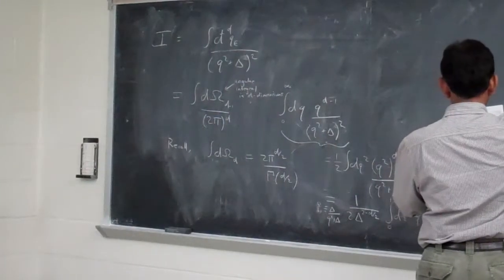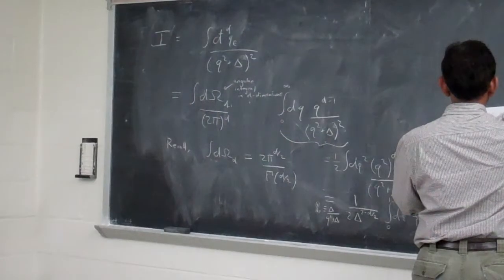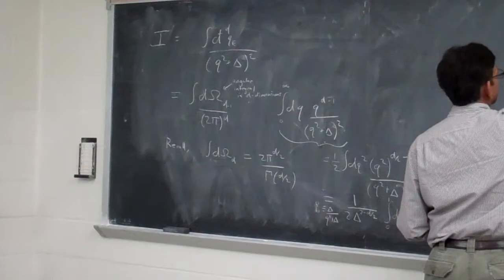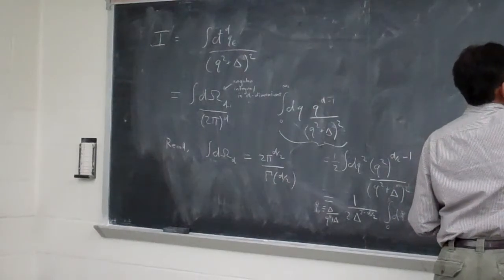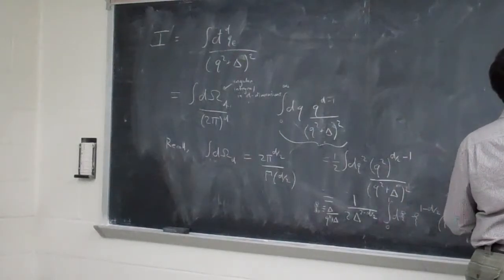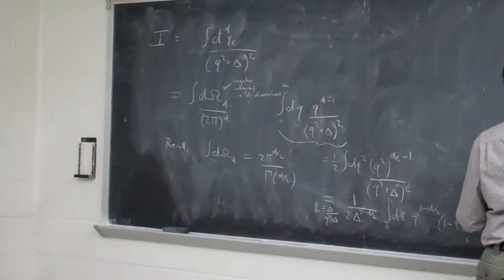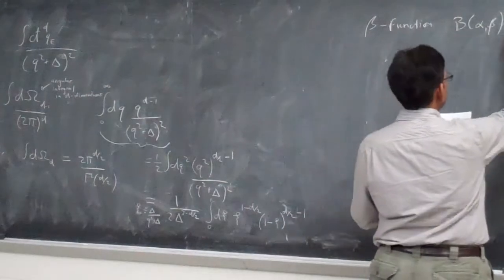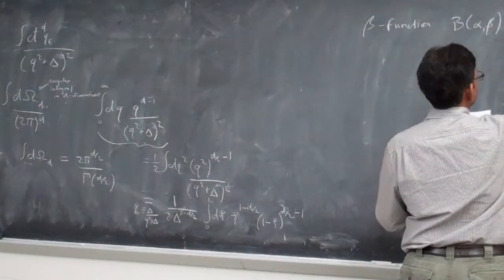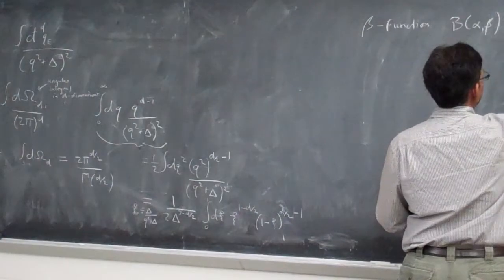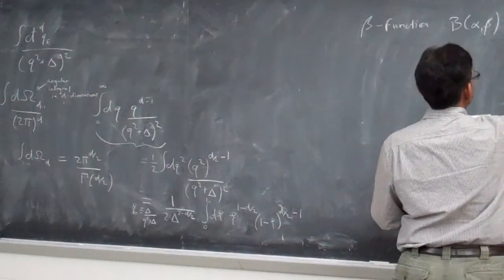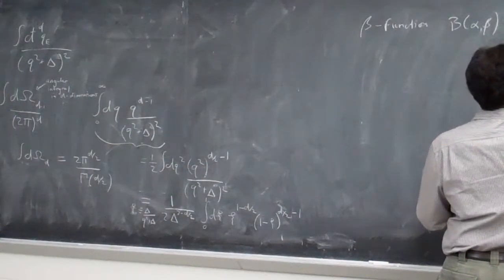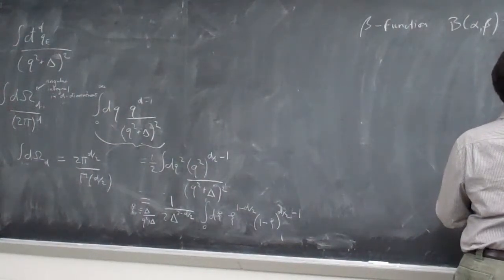There's something called the beta function in mathematics, as opposed to physics, which is called B of alpha and beta, a function of two variables, and it has an integral representation, which is the integral dc from 0 to 1, of c to the alpha minus 1, and 1 minus c to the beta minus 1.